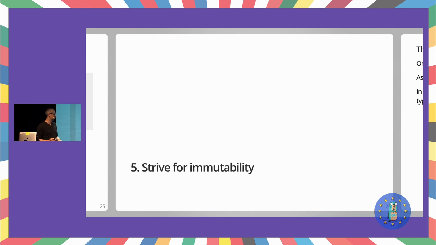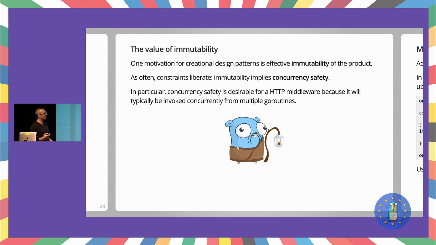Strive for immutability. OK, so one of the motivations for creational design patterns is immutability of the product, of that thing that you're trying to build. OK, and immutability, even in Go, is a valuable property, right? Cameron touched upon that yesterday in his talk about dependency management. And here, immutability is a valuable property as well because it's a sufficient condition for concurrency safety.